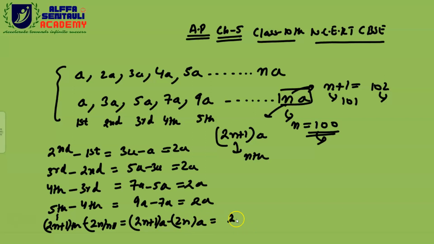So what will you get, beta? 2nA plus A minus 2nA. That is A, not 2A, so that is why the nth term and one term less than this must be handled carefully.